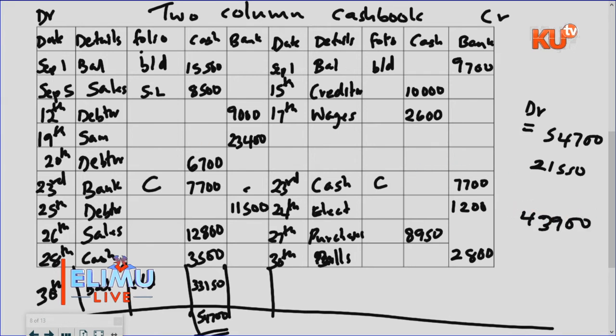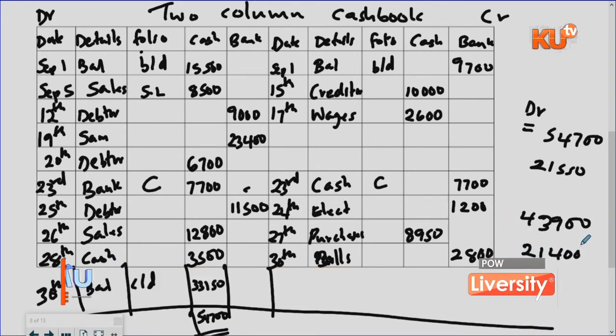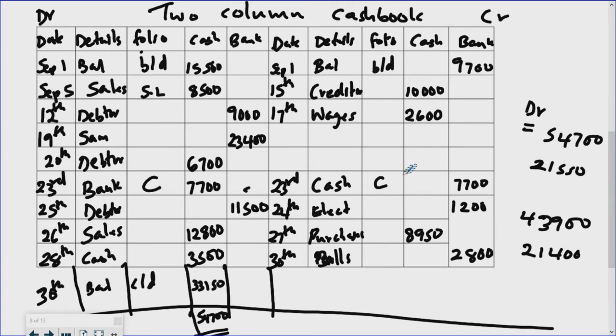Let's compare it to the CR side. 9,700 plus 7,700 plus 1,200 plus 2,800. $29,400. What is the difference? 22,500. So it means therefore our balancing figure here is 22,500.